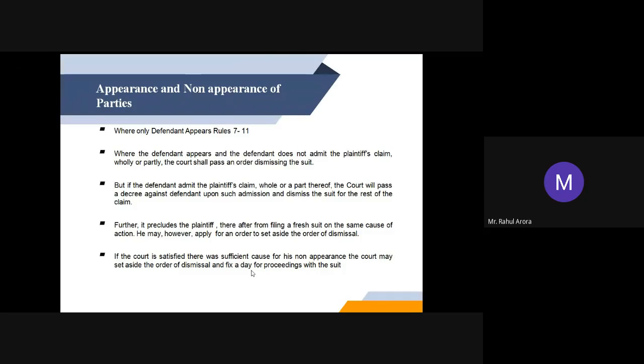Second, but if the defendant admits the plaintiff's claim wholly or partly, the court will pass a decree against the defendant upon such admission and dismiss the suit for the rest of the claim.